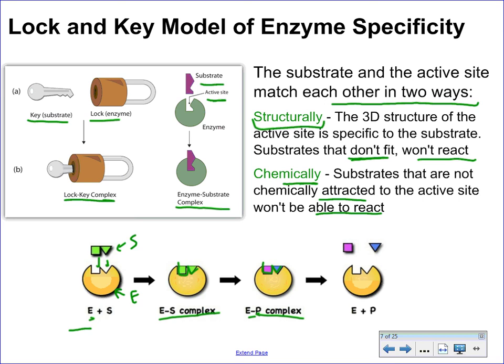So the product that is just being created is still within the active site. That product gets released from the active site so that we now have a free enzyme and free product. This enzyme is now available to start this reaction over again and bind another substrate.